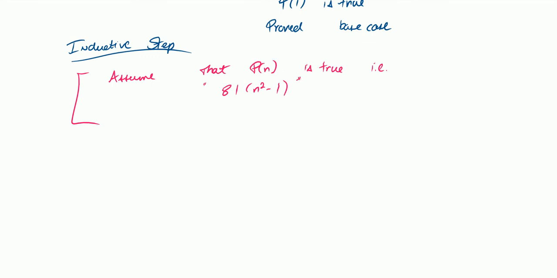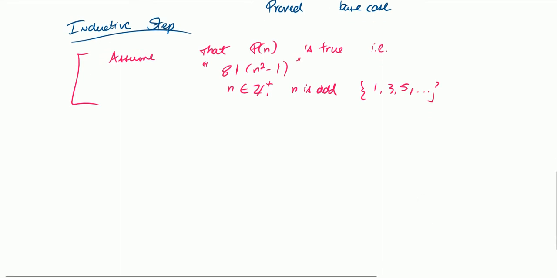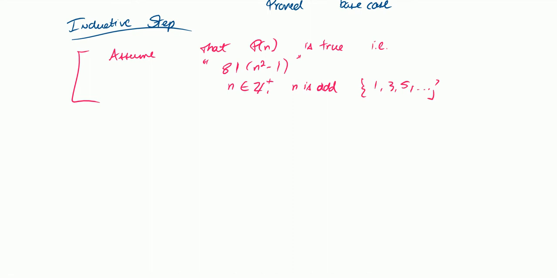I just write it with the bar because it's faster to write. That's the only reason. And remember, this is very key: n belongs to the positive integers, and n is odd. So 1, 3, 5, and so on. This fact is going to be important in my inductive hypothesis, and you'll see why.